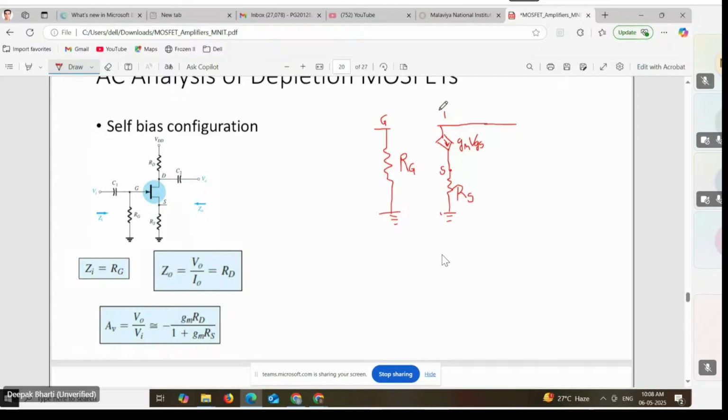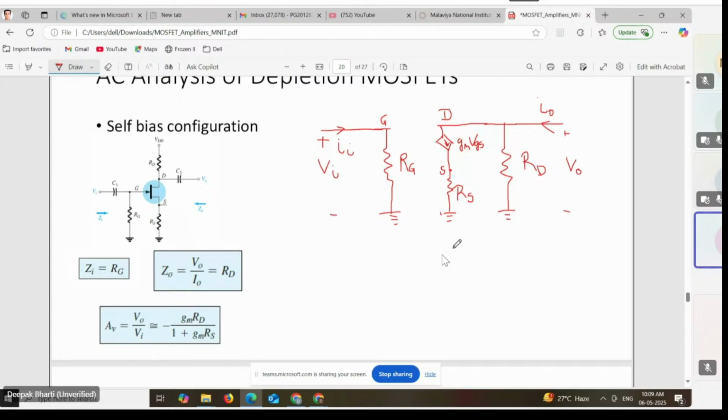Drain is this particular terminal. So this is your capital RD. Now let us mark the Vi, Vo. This is your Ii, the input current, Vi, the input voltage, and this is your Io, and this is the Vo.